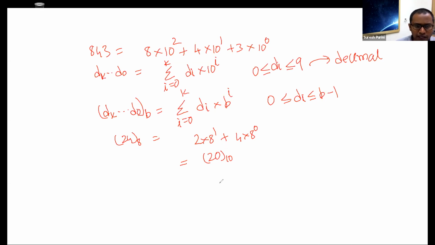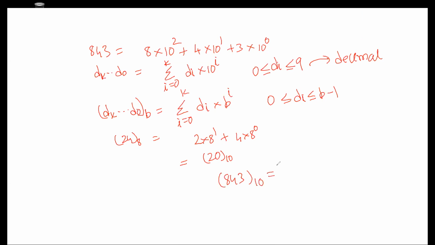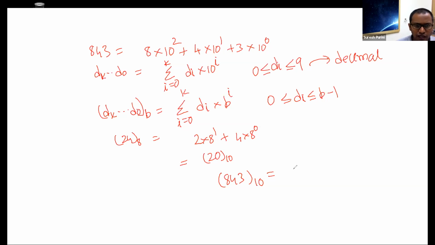For example, let's say there is a decimal number 843, which is in base 10. Let's say you want to represent 843 in some base b, as the sum over i equal to 0 to k of di times b power i.